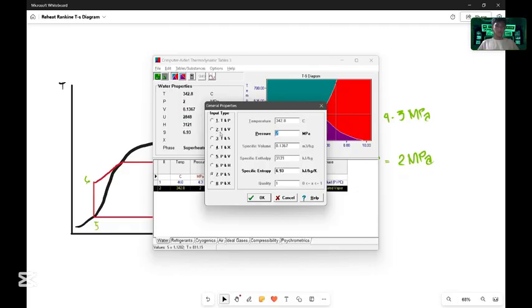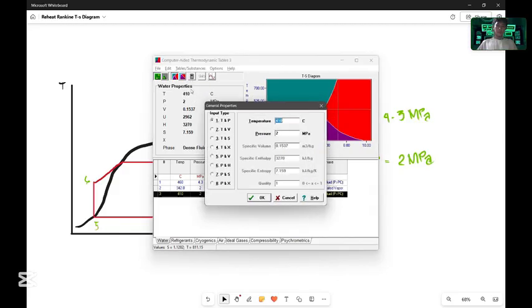Press temperature and pressure again. Given temperature is a difference of 50 degrees less than the initial temperature, which sums up to 410 degrees Celsius. Then press OK.